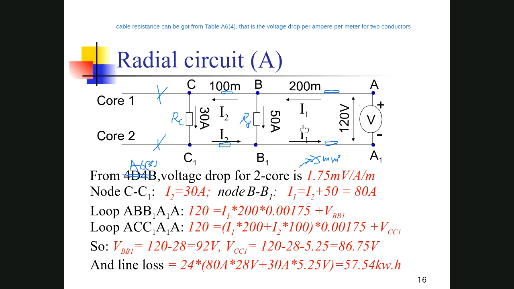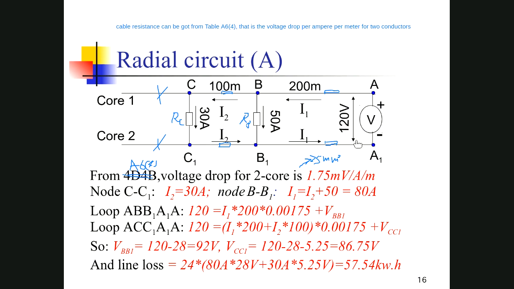Now we can look at another loop, A, C, C1, A1, and A. Similarly, the 120 volts source equals the voltage drops of the other parts.